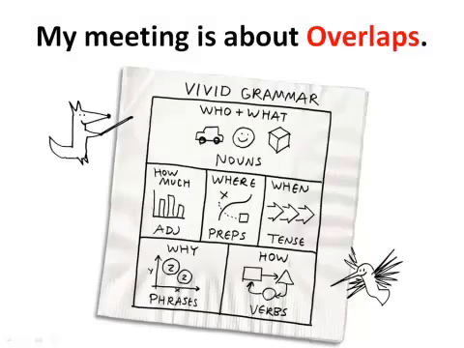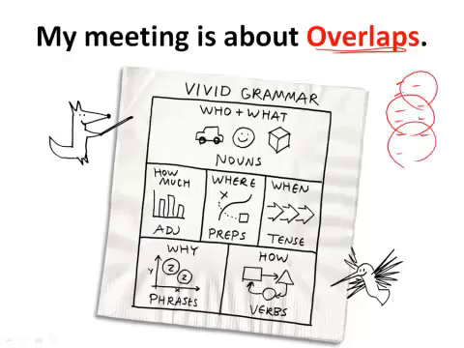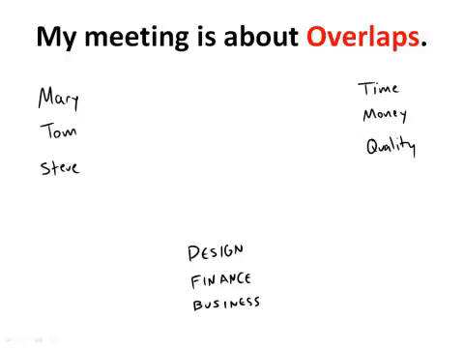Well, now let's say my meeting is something more about overlaps. Now, what do I mean by that? Well, what if I've got a whole list of things, a whole bunch of things that I need to try to understand? How do they overlap? How do they intersect? Well, now I'm going to be drawing my map, aren't I? So let's say my meeting has something to do with, look, we've got to talk about this overlapping relationship in business between Mary, Tom, and Steve.